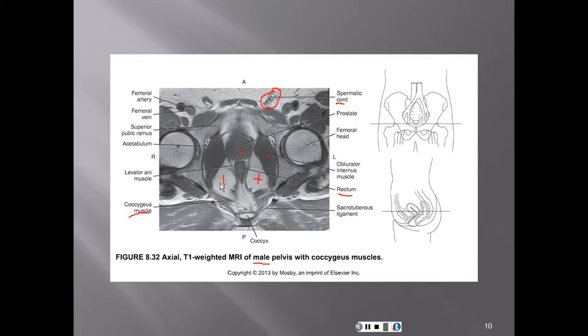Because if there is any type of disease process that involves the rectum, this fat plane is usually obliterated. So if you see the fat, that generally gives a good indication that the rectum is not pathologic. This triangle of fat that surrounds the rectum is a good indicator of the health or condition of the rectum. So at the first sign of inflammation, you see obliteration of that fat.